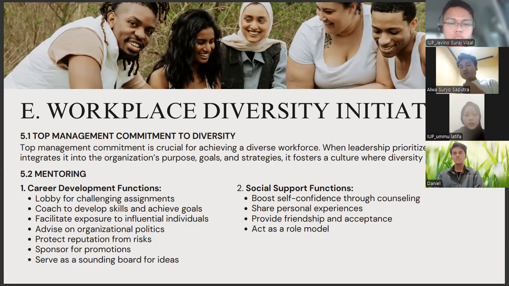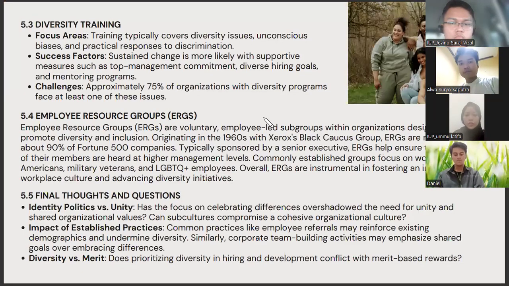And then 5.3, diversity training. American organizations invest billions annually in diversity training, which aims to enhance knowledge, attitudes, and behavior regarding diversity. Focus areas: training typically covers diversity issues, unconscious biases, and practical responses to discrimination.